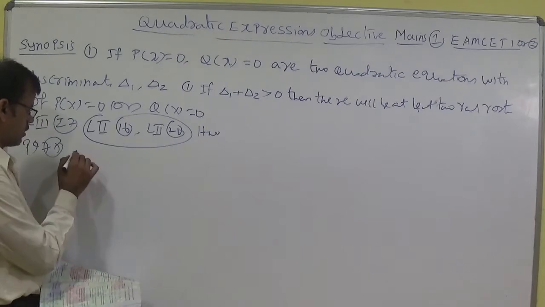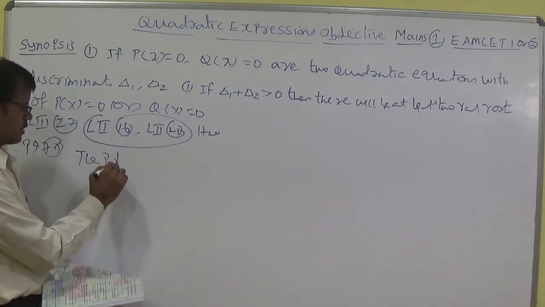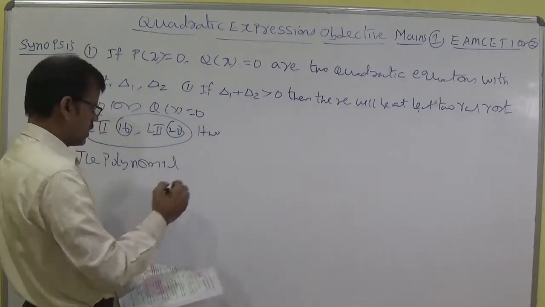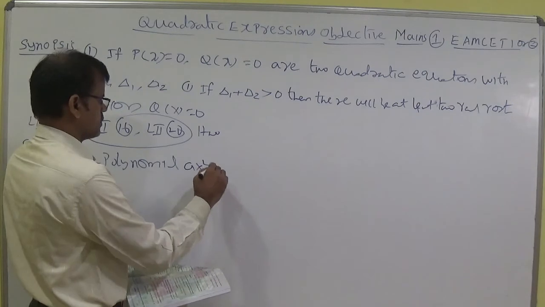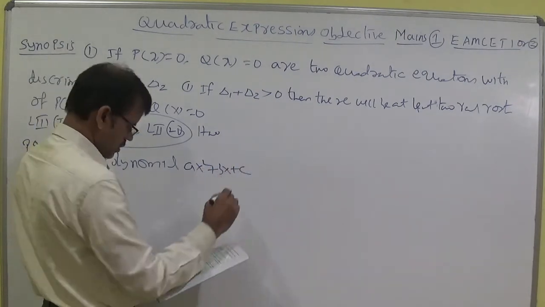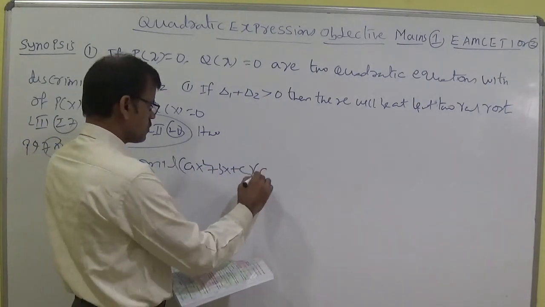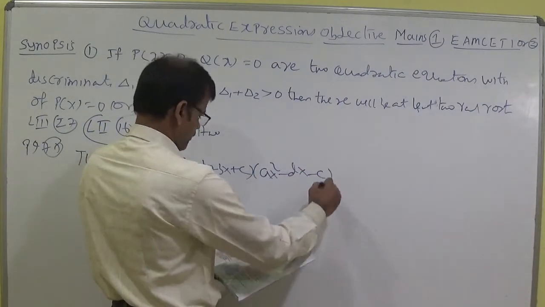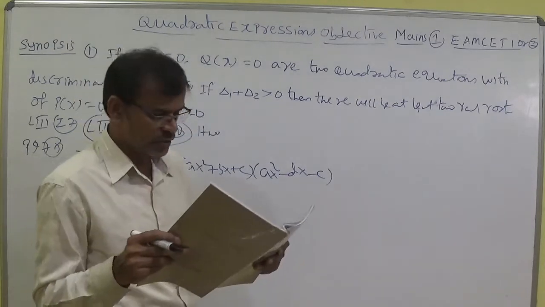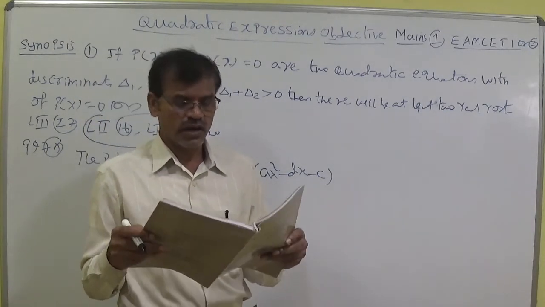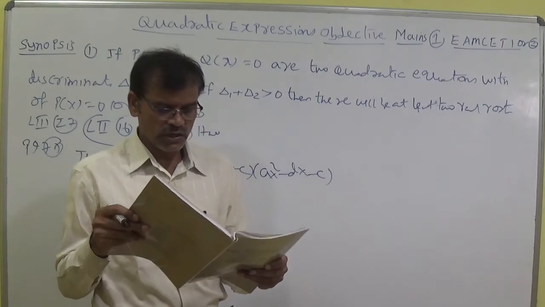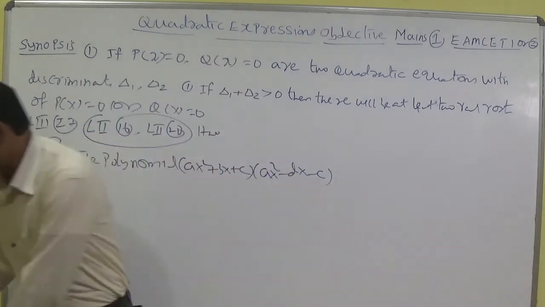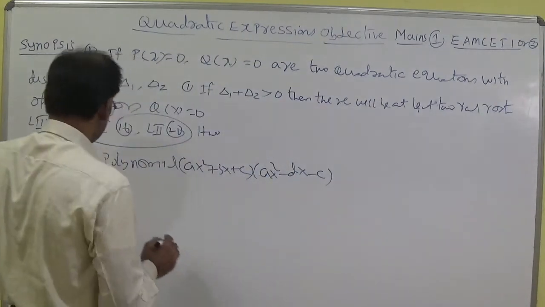The question is that the polynomial ax square plus bx plus c into ax square minus dx minus c has, according to the options, 4 real zeros, at least 2 real zeros, at most 2 real zeros, all the above. Let us verify the polynomial.